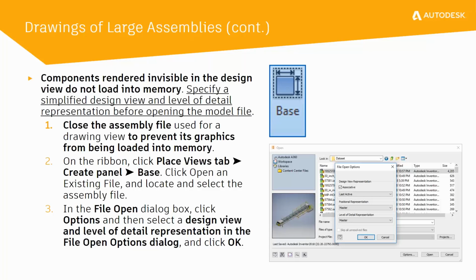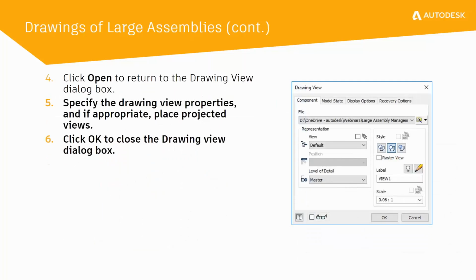Inside your drawing, you go to the Place Views tab, go to the Create panel and the Base View, and inside the dialog box that opens, you click Open, and you can open an existing assembly. Before you do that, remember you've got the Options icon down at the bottom of your Open dialog that enables you to choose the view representation or the level of detail that you want to use inside your design. So you can pre-configure the view rep that you want to use.